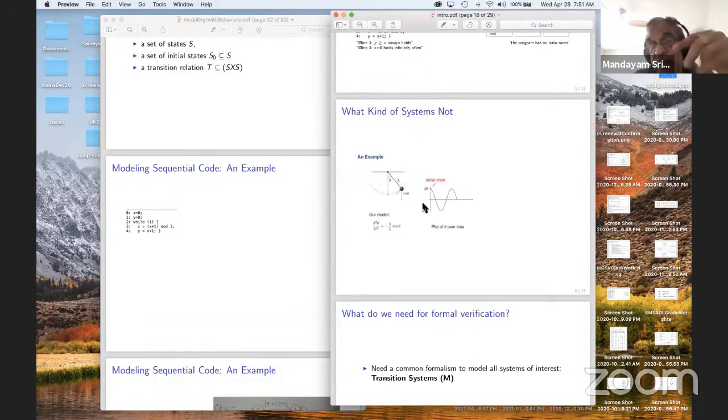There are two ways you can model this system. You can discretize it, choose a certain discrete time, and then model the transition of this system.